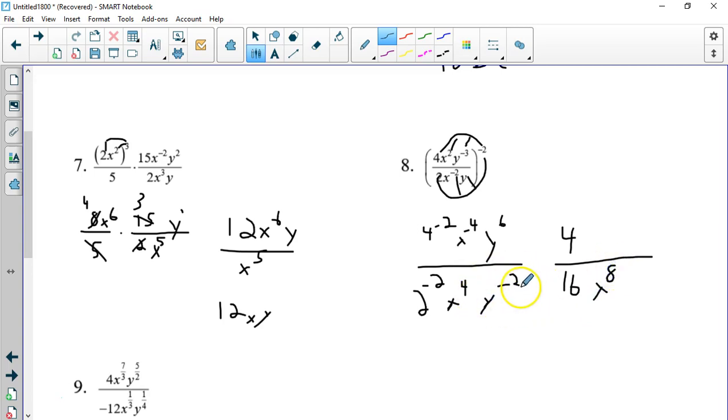These 2 y's are going to go upstairs and get positive and become y to the 8th. And I'm almost done. I just need to reduce 4 over 16 to 1 over 4. And then y to the 8th, x to the 8th on the bottom. And that's it.